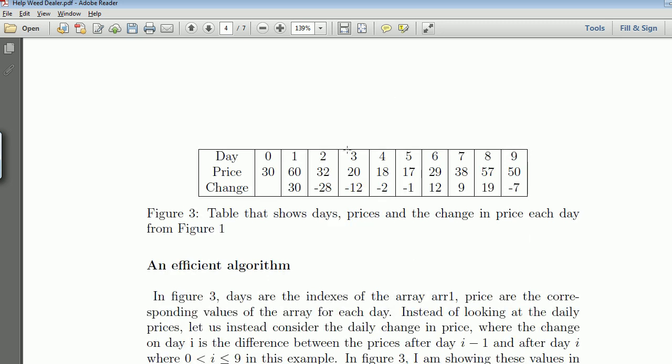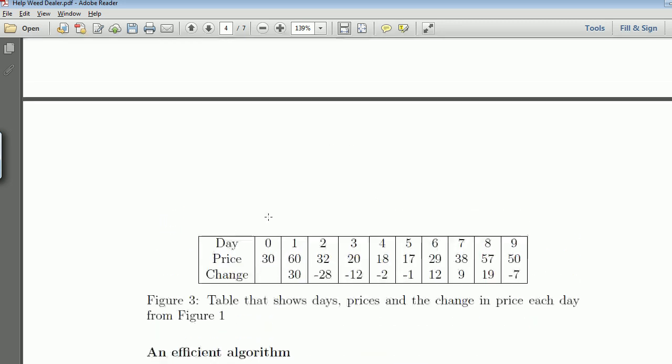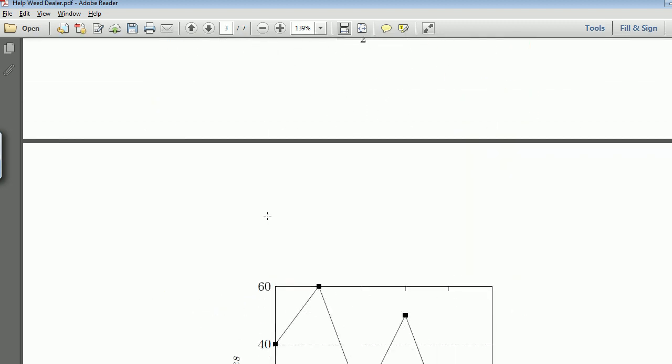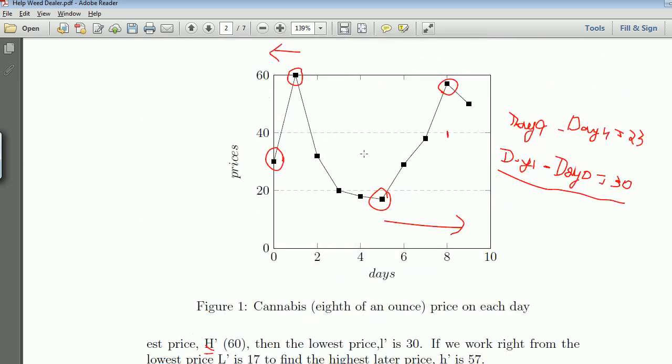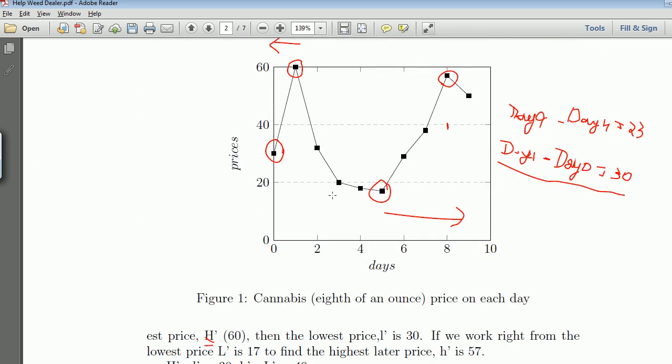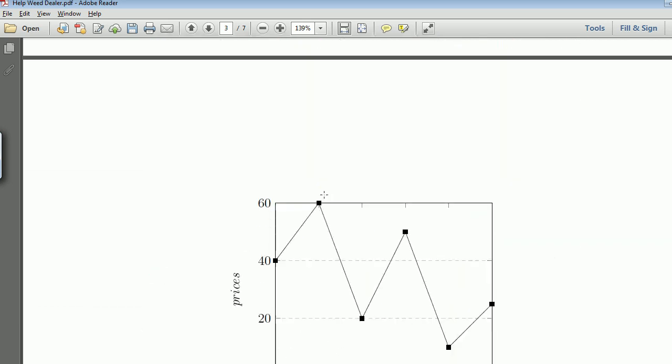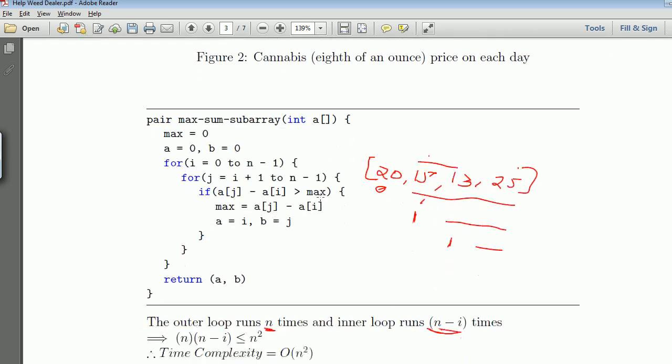Okay, so based on the graph in figure 1, let me show you the graph, this one. Okay, based on this graph, I outlined a chart.